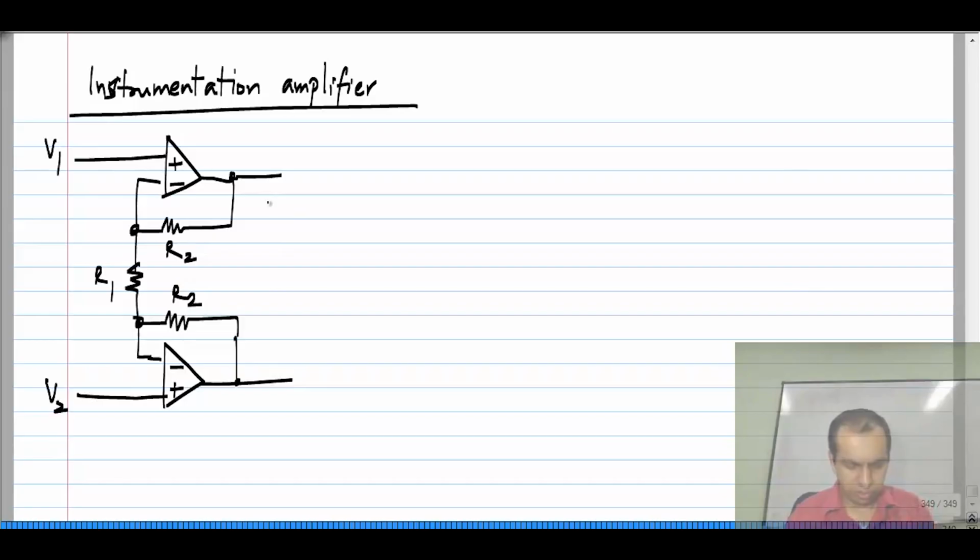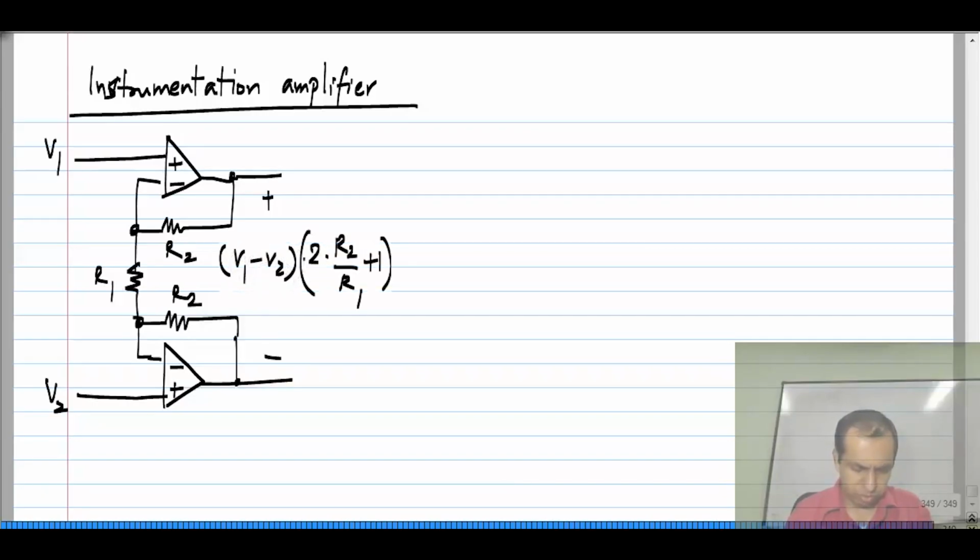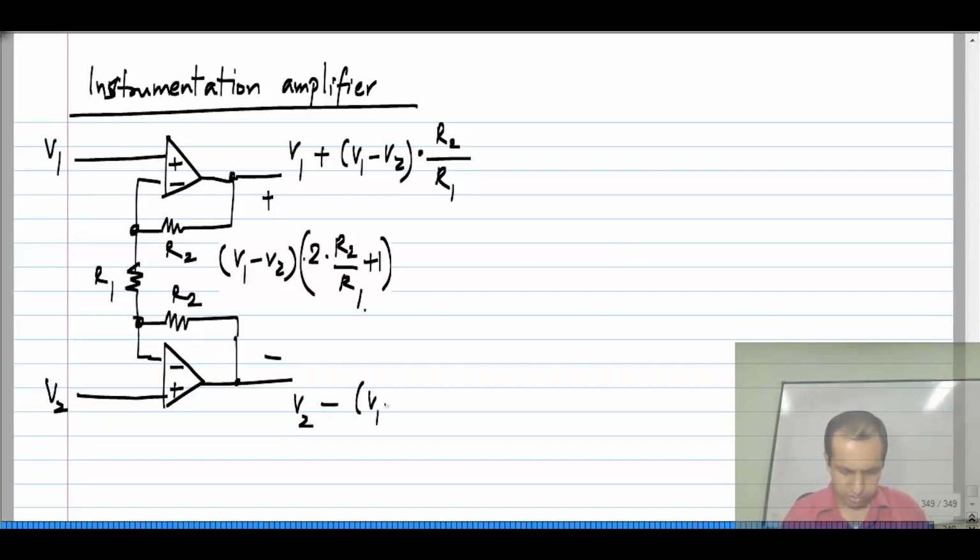The inputs are V1 and V2 as we have seen. The difference output is V1 minus V2 times 2 times R2 by R1, and more importantly the individual outputs are V1 plus V1 minus V2 times R2 by R1, and the other one is V2 minus V1 minus V2 times R2 by R1.